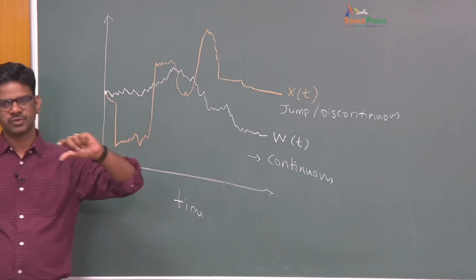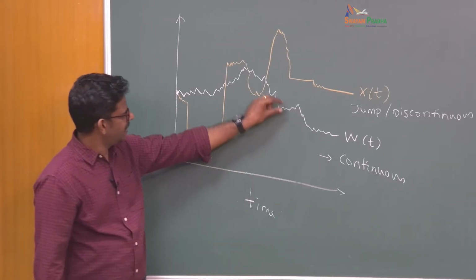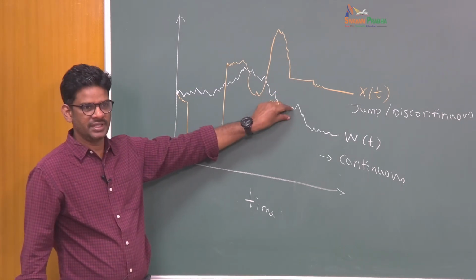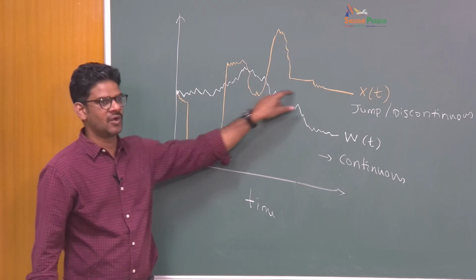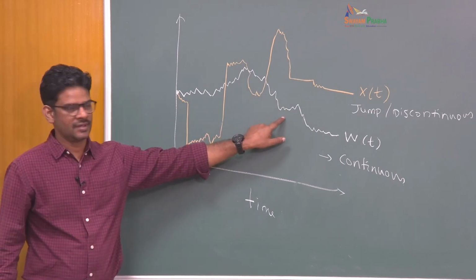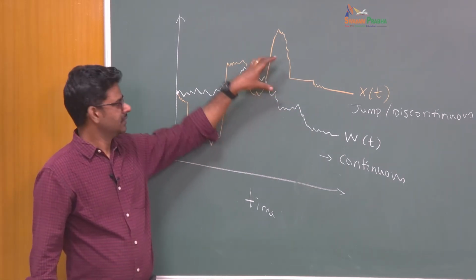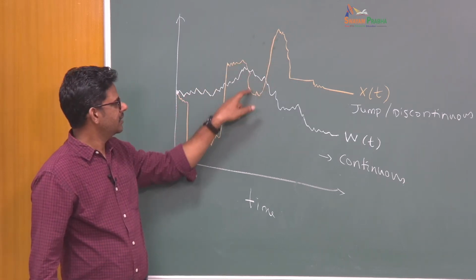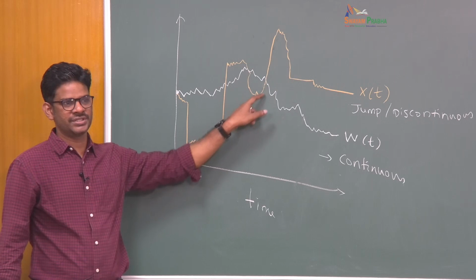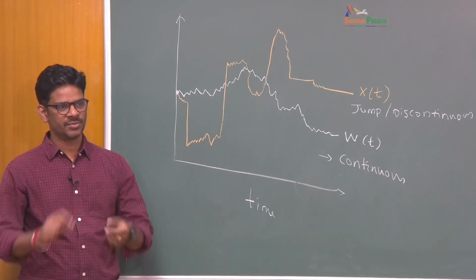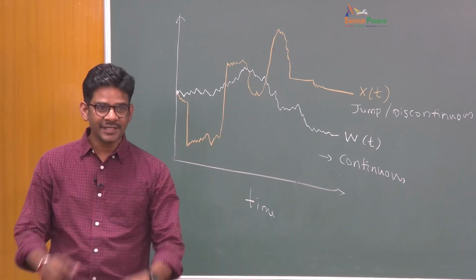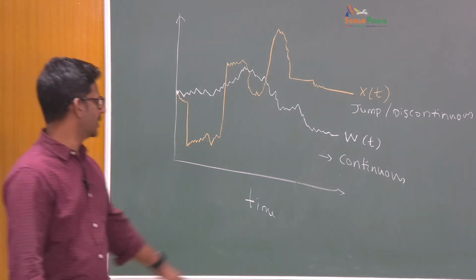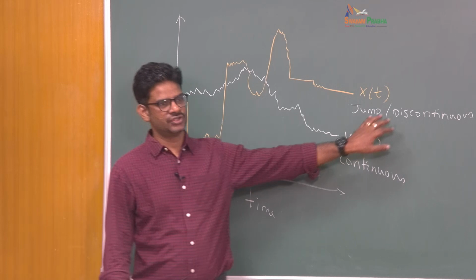When we say small, with respect to what? Suppose you take any particular jump, the increment in that jump is not very different from its local average. Whereas if you look at these jumps, the extent by which they are made is far higher than the average fluctuation about this point. So by looking at this relative increment due to these jumps, we distinguish between a continuous Markov process and a jump Markov process.